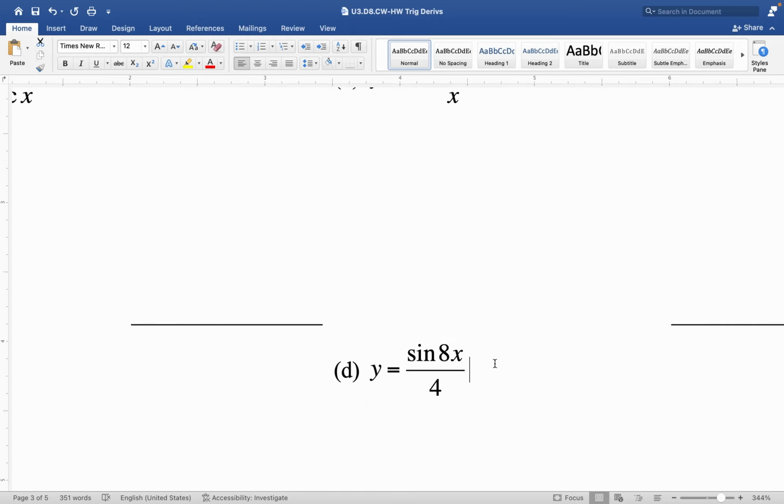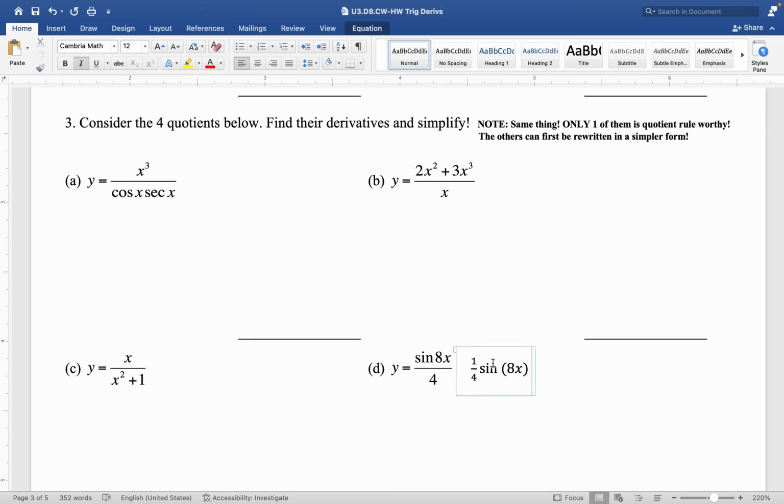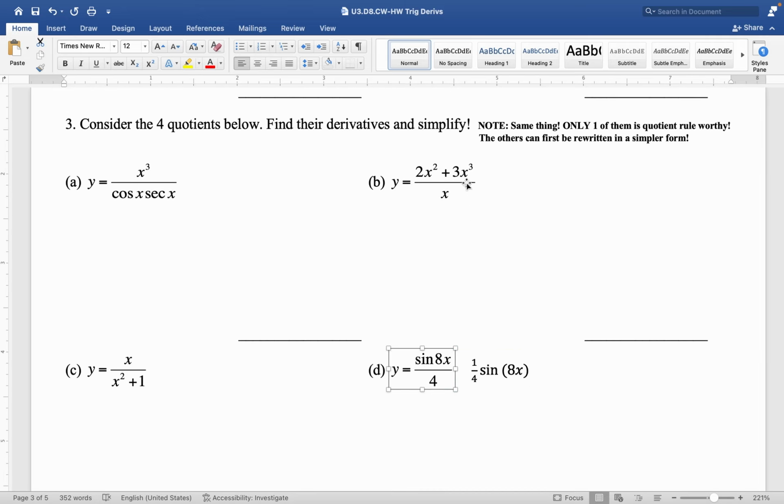Yeah, technically that's a quotient, but the thing is, sine 8x over 4 means the same thing as 1/4 sine 8x, right? So that's the same thing as just 1/4 times sine of 8x. That really shouldn't be thought of as a quotient, right? This requires the chain rule, but that's it, right?